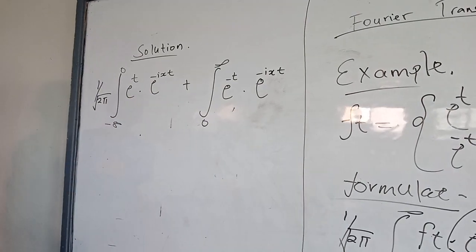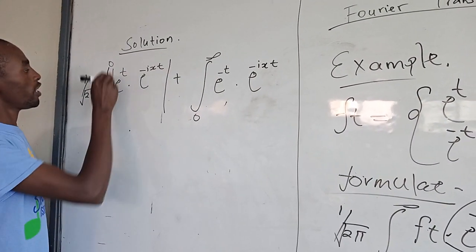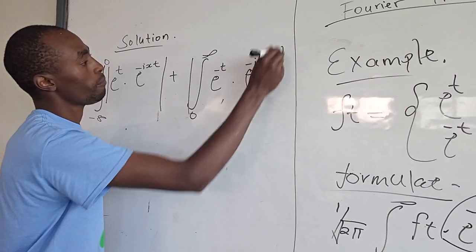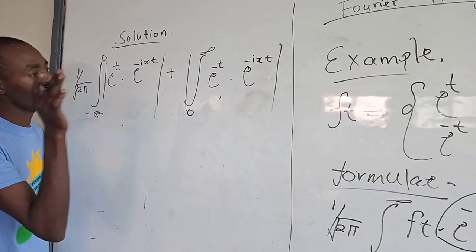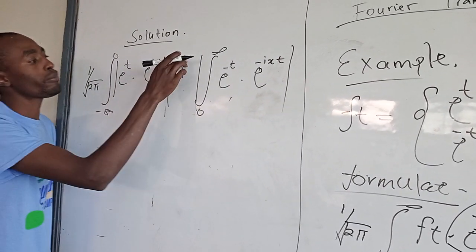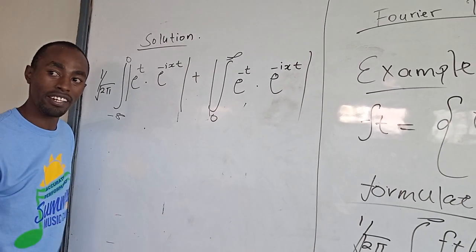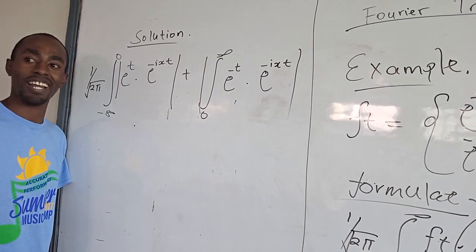So, coming to integration here, you must be very careful. We have this part and you have this part. You are going to deal with each separately, this one separate and this one separate, then join them together using the sign of plus.